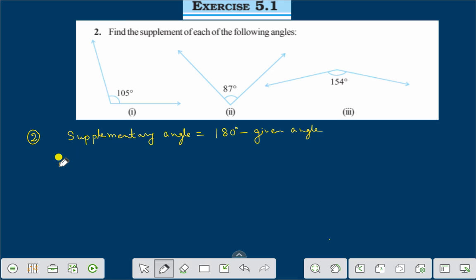Now question 1, the given angle is 105 degrees, right? Therefore the supplement of angle 105 degrees is equal to 180 degrees minus 105 degrees.